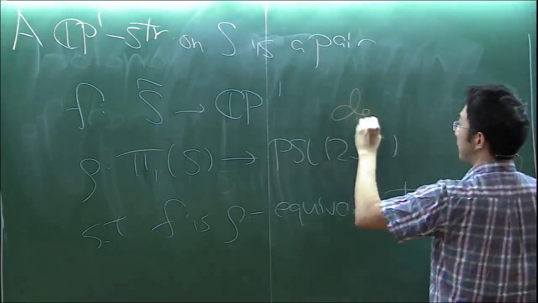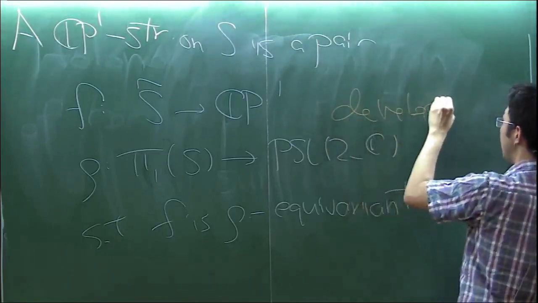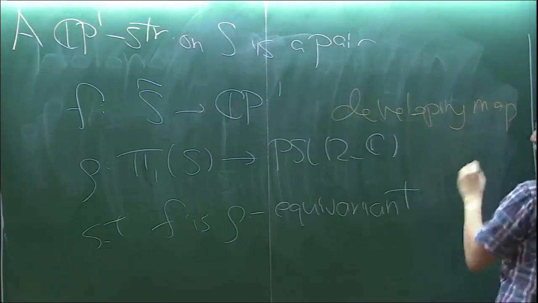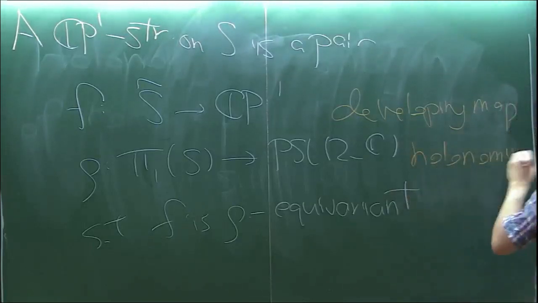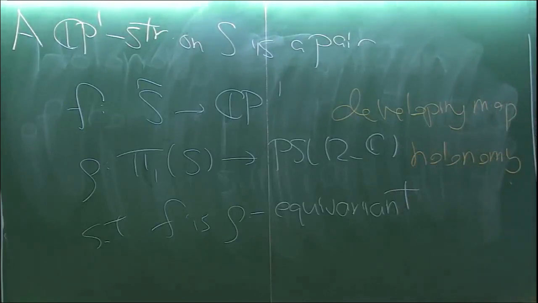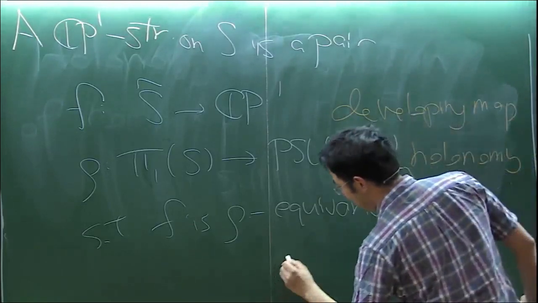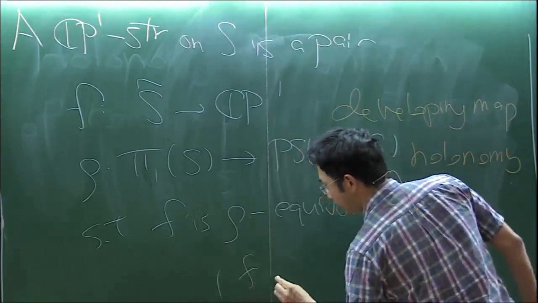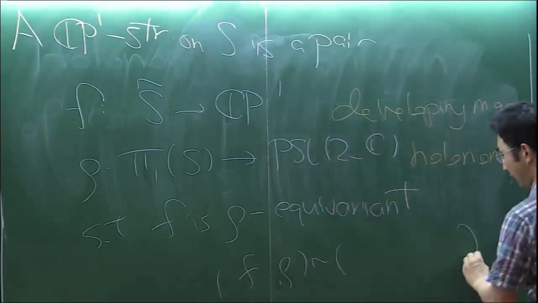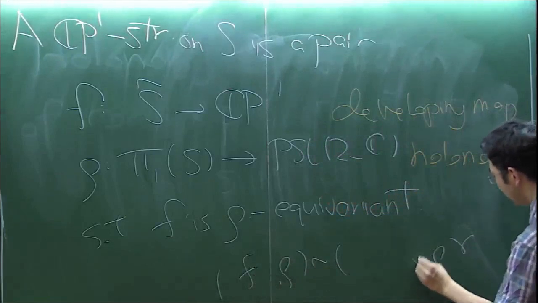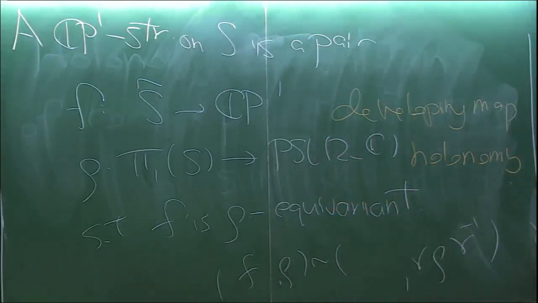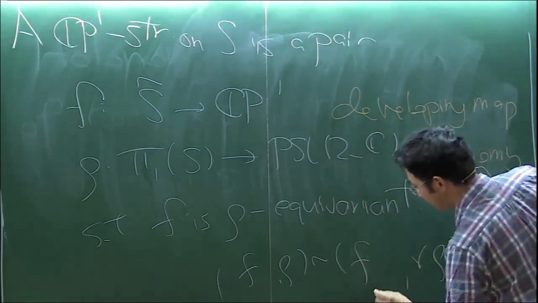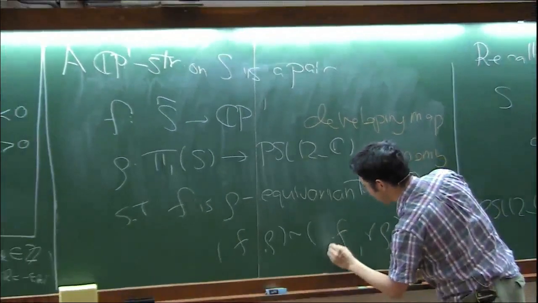F is called the developing map, and rho is called the holonomy of the CP1 structure. Everything is up to PSL2C, so a pair is equivalent under conjugation of rho by some element gamma in PSL2C, and post-composition of the developing map with this gamma.